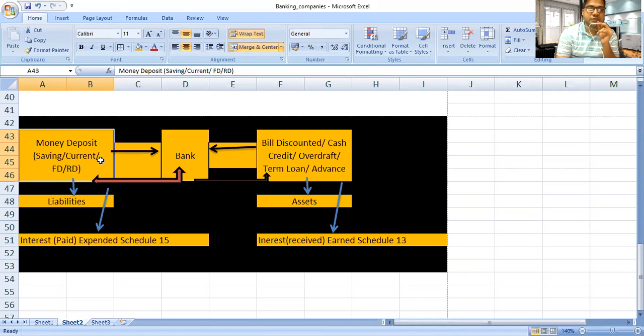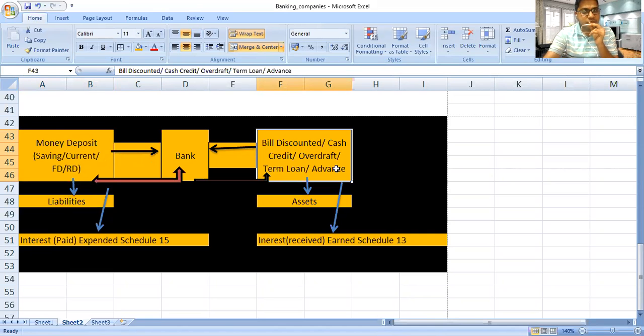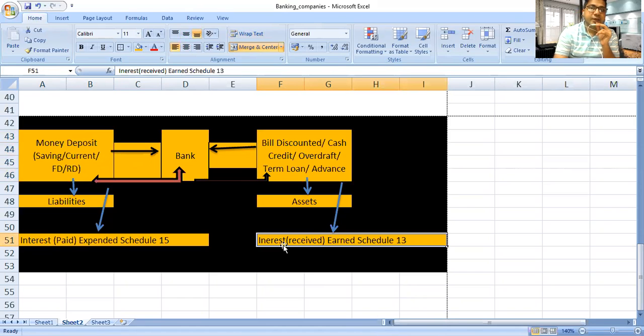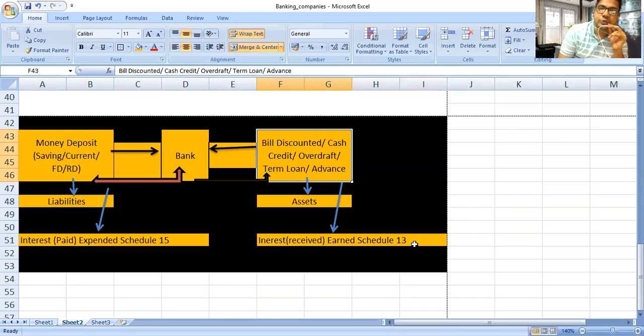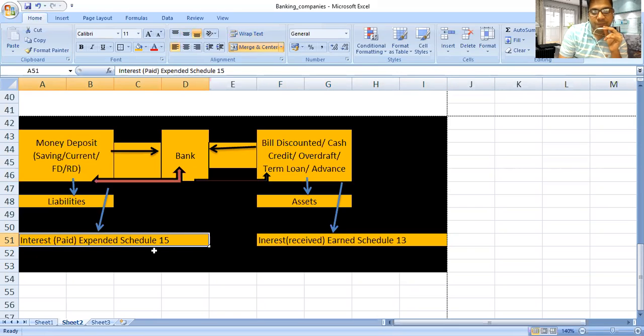When deposits are accepted, the bank provides interest to the customers. Whenever the bank provides a loan to customers, that time the bank receives the interest. When the loan is provided, it is schedule 13. Interest paid is interest expended, schedule 15.